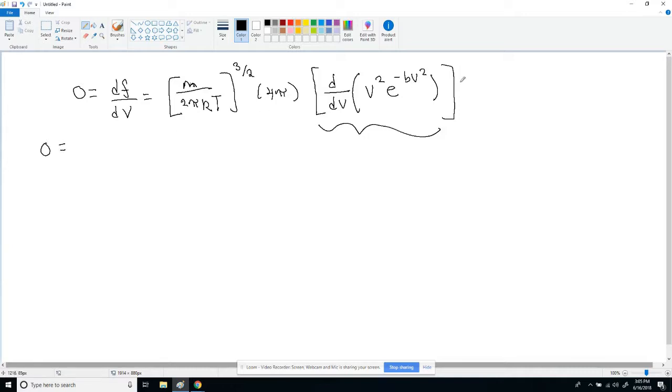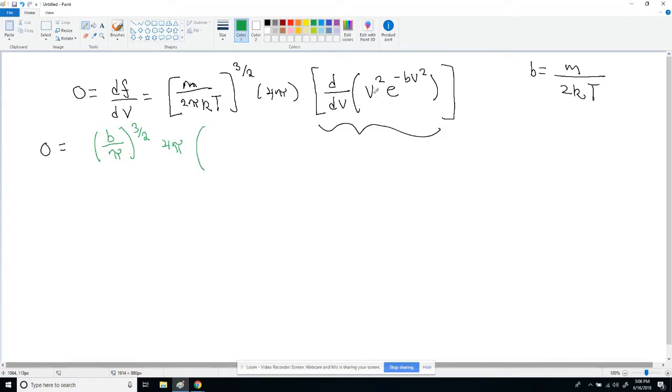So I think I'm just going to let beta equal m over 2 Boltzmann's constant times t. So using this new beta notation, let's say that beta over pi, I'm thinking about this part over here with all of that, to the 3 over 2, multiplied by this 4 pi, multiplied by the derivative of this, which we talked about.